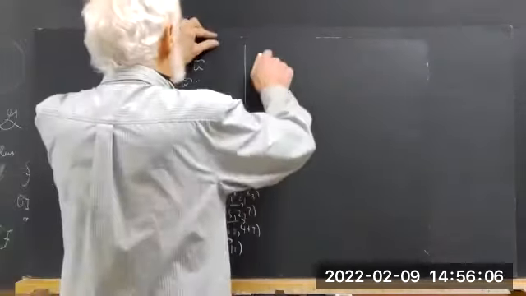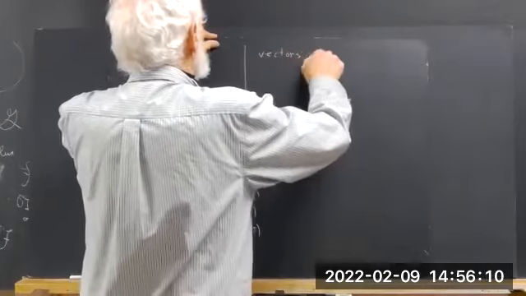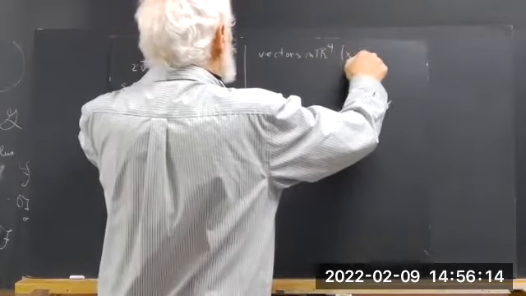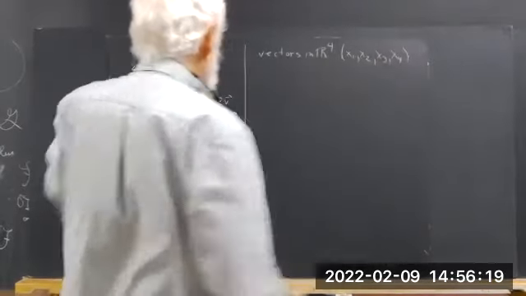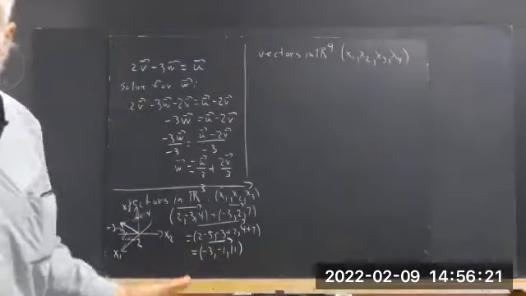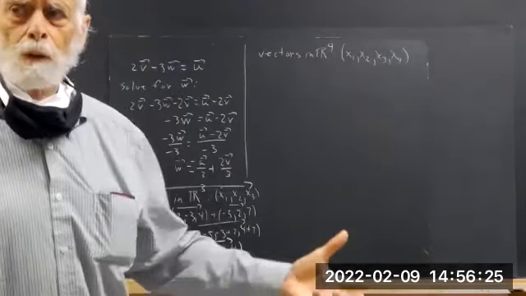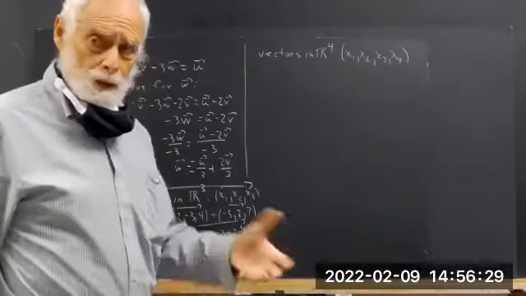Vectors in R4. Typically, we have an x1, an x2, an x3, and an x4. And you don't even try to draw them because you can't draw in 4 dimensions because we live in 3 dimensions. We have no concept of what a 4th dimension would look like visually. Now, there are things we can do.